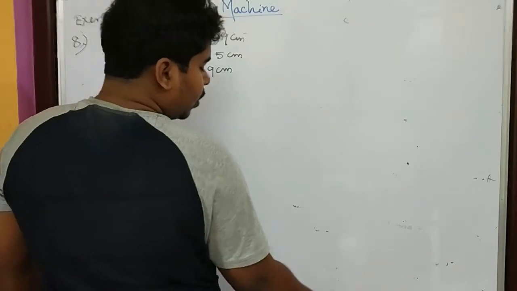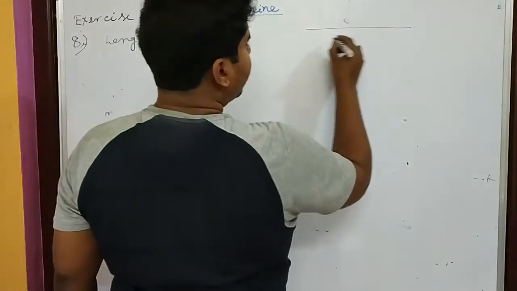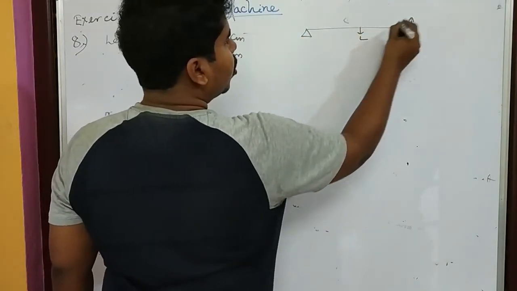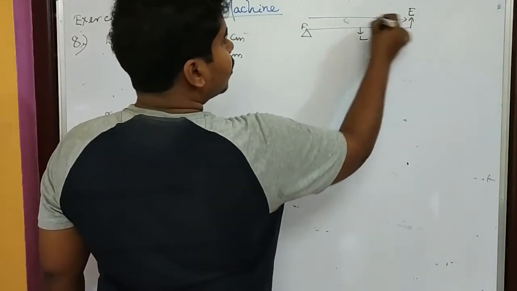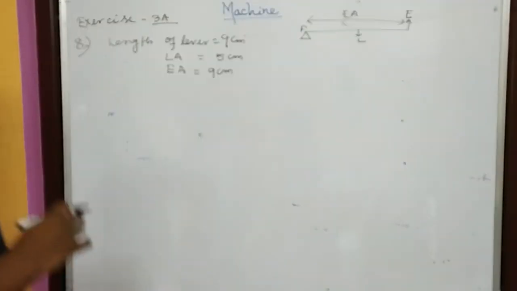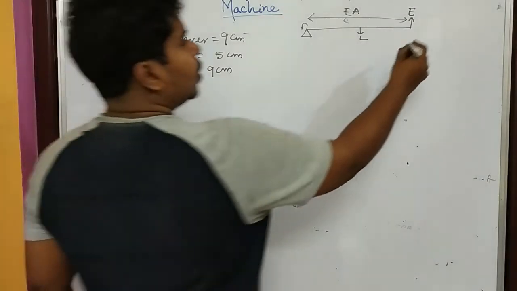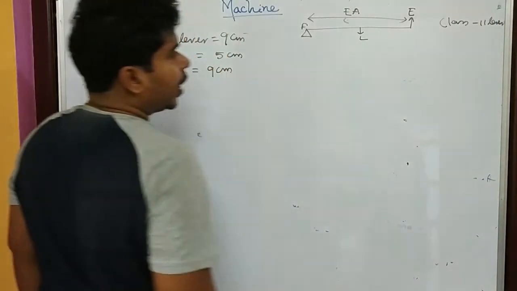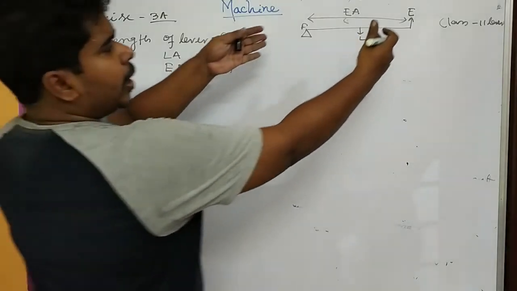If I am talking about the three levers, class 1, class 2 and class 3, just see class 2 levers and class 3 levers. Class 2 lever is like this: here the load is applied, here the effort. This length is known as the effort arm of the class 2 lever, and it is also the length of the lever.